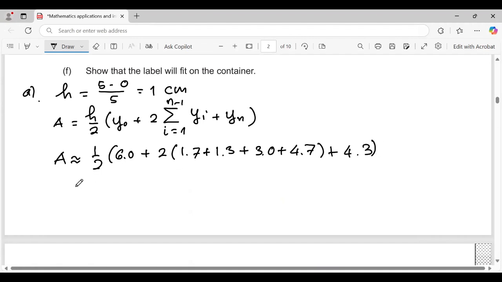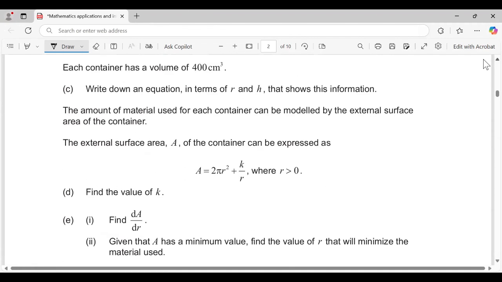If you calculate the result, it will be 15.85 or 15.9 centimeters squared. The next question, part B.